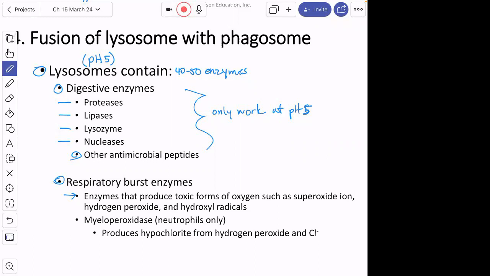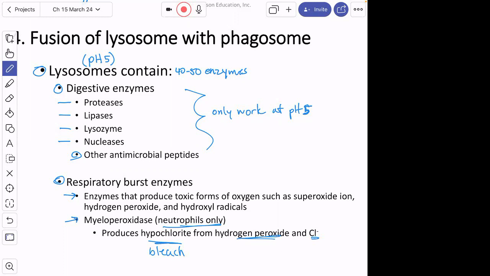There are actually enzymes in neutrophils called myeloperoxidases that are able to produce hypochlorite. Hypochlorite, if you remember, is bleach. So from hydrogen peroxide and chlorine ions, they can actually produce a little bit of bleach.